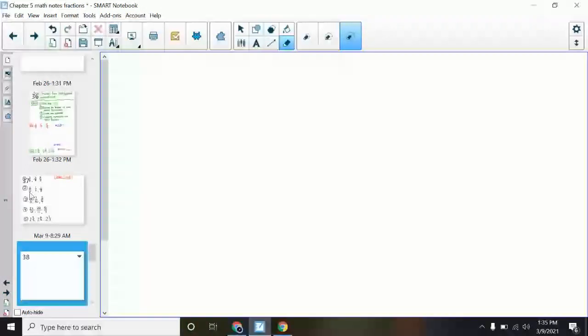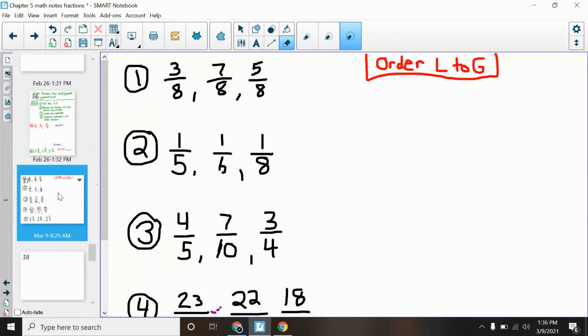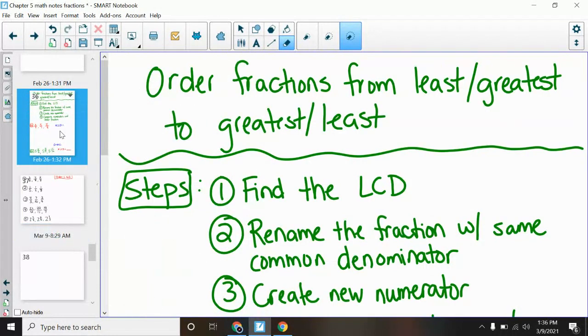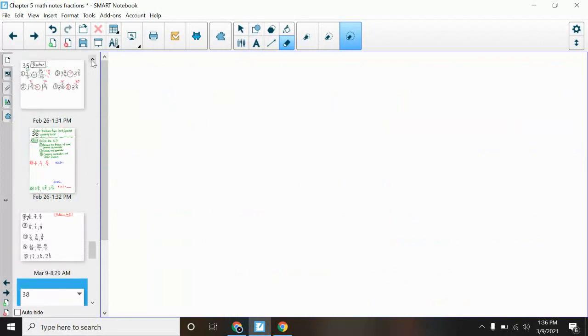That's the 4/5, 7/10, 3/4. We were ordering things. So let's go here. Camden was reminding me what the problem was.